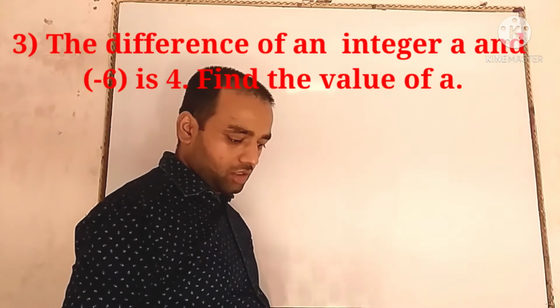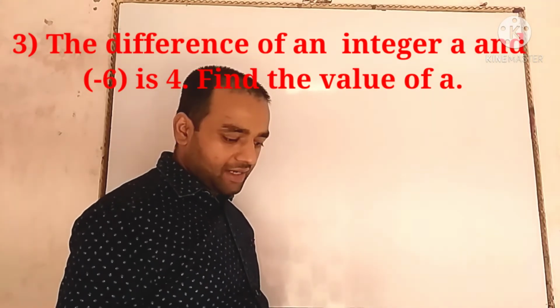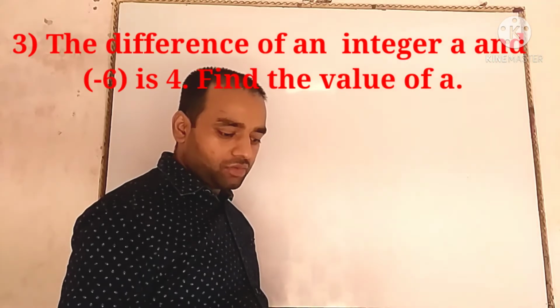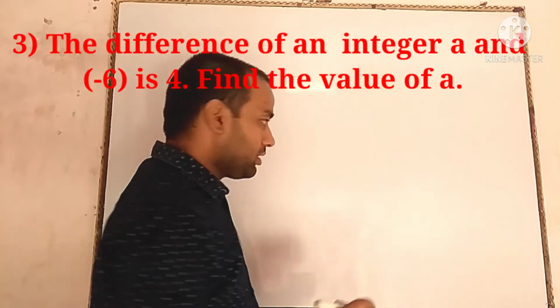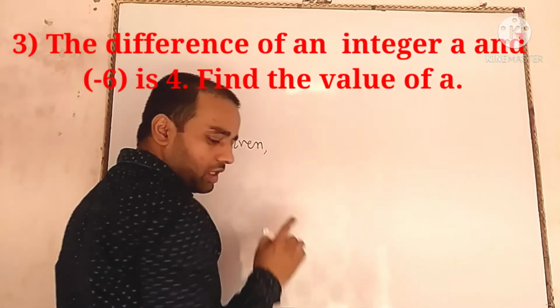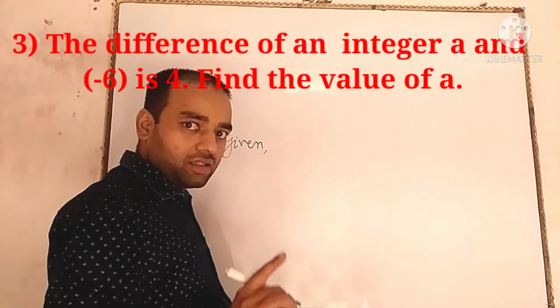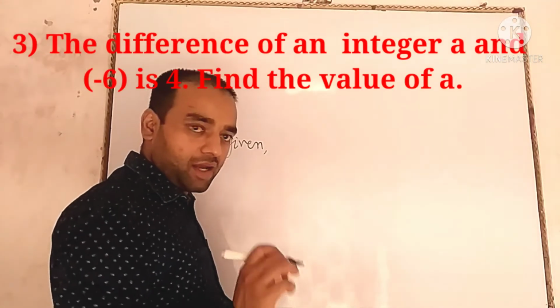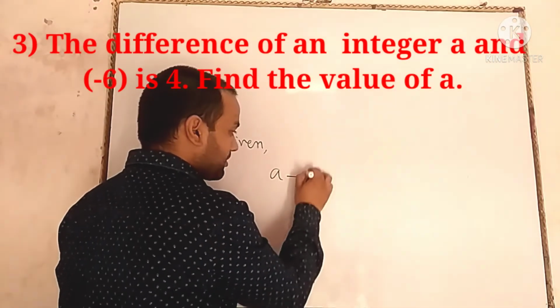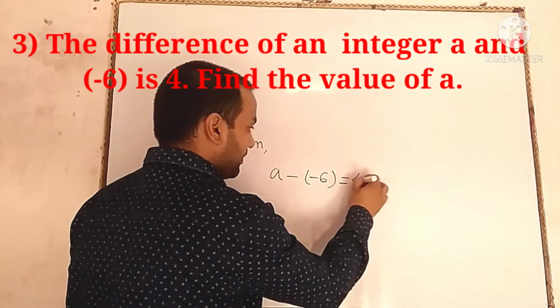Is it clear? Now let us discuss the next question. In the next question, the difference of an integer a and minus 6 is 4. Find the value of a. So given, the difference of an integer a and minus 6, in difference we use the sign of minus. So a minus minus 6 is equal to 4.